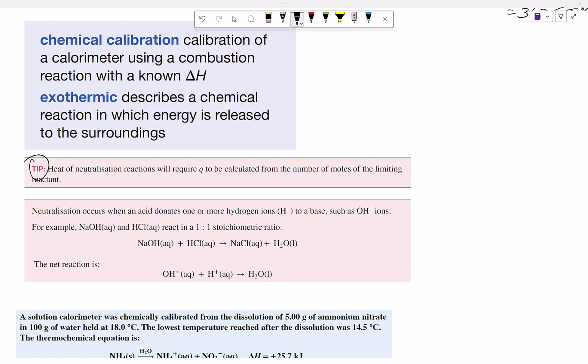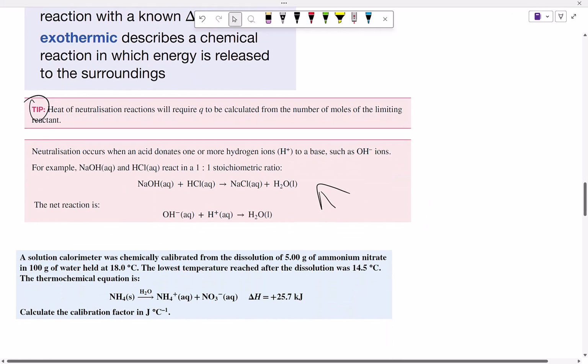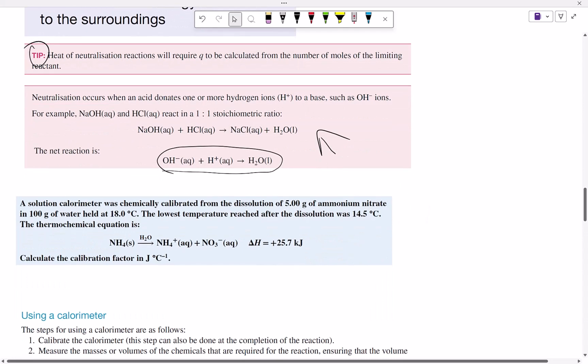So what we've got about the heat of neutralization, this is a neutralization reaction. I'm not going to go into detail of that. You can see the net reaction is OH minus plus H plus, both aqueous, goes to liquid water. So we've got an example. A solution calorimeter was chemically calibrated using the dissolution of 5 grams of ammonium nitrate in 100 grams of water, held at 18 degrees Celsius.